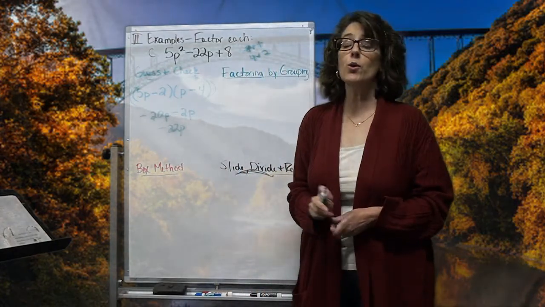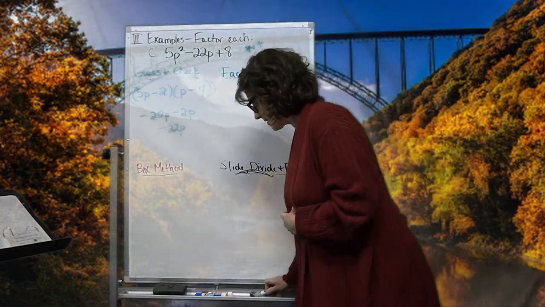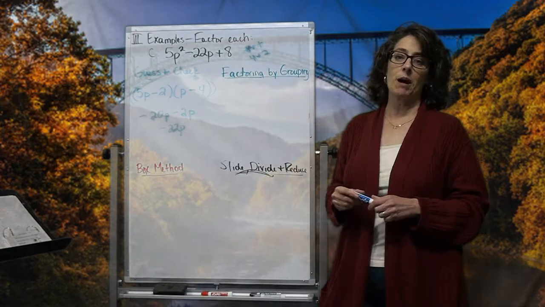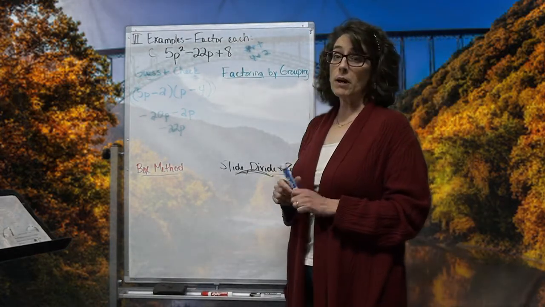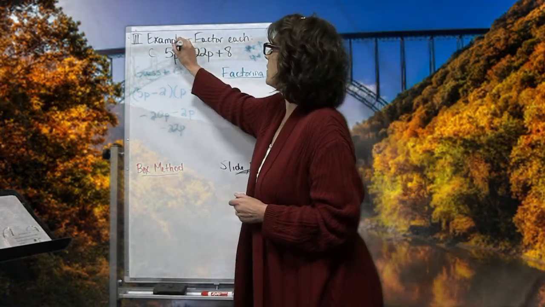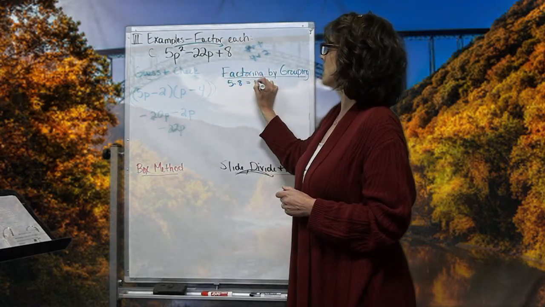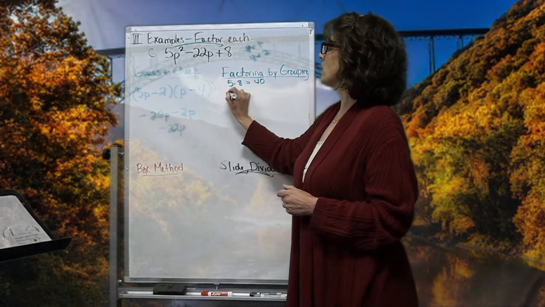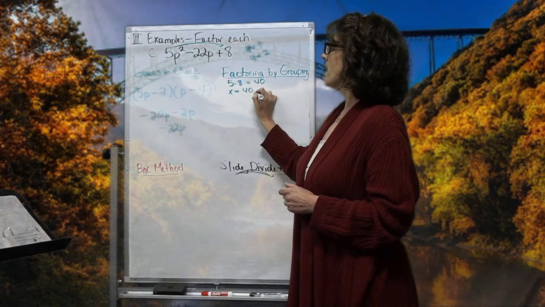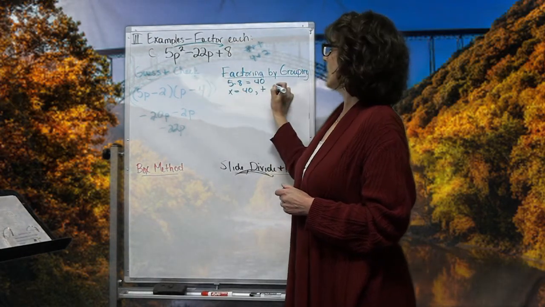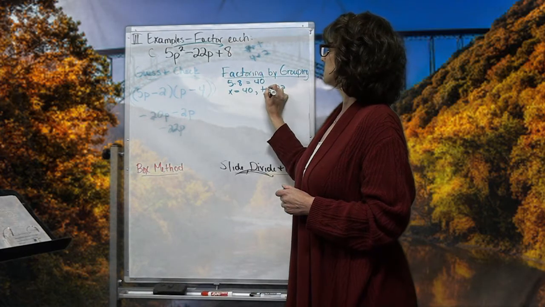And for those of you who are completely exhausted by guess and check, we do have factoring by grouping. What factoring by grouping does, again, is it starts off and says, let's multiply these, that 5 times that 8, to create a 40. So I want 2 numbers that will multiply for 40. They're going to add for that middle one, that negative 22.